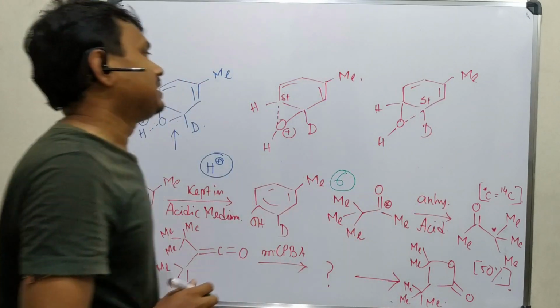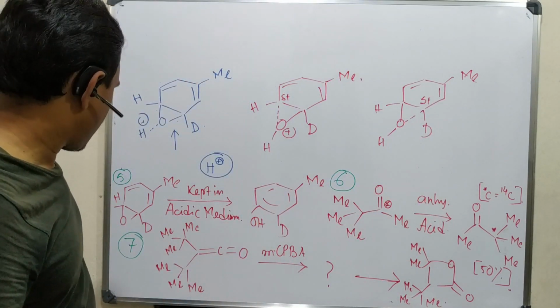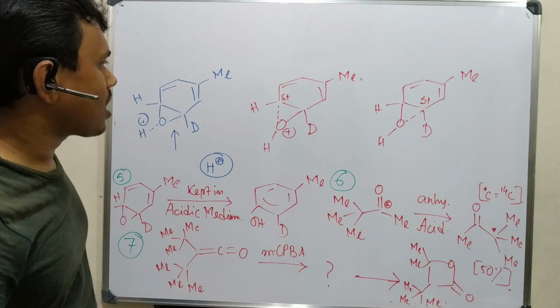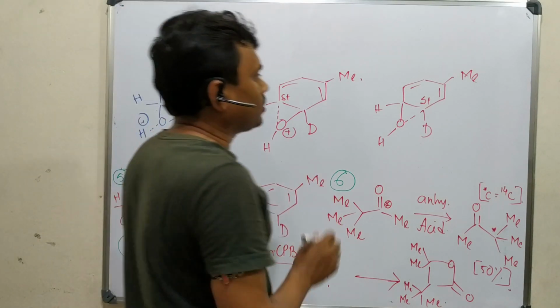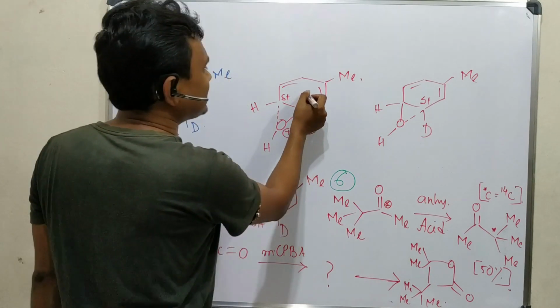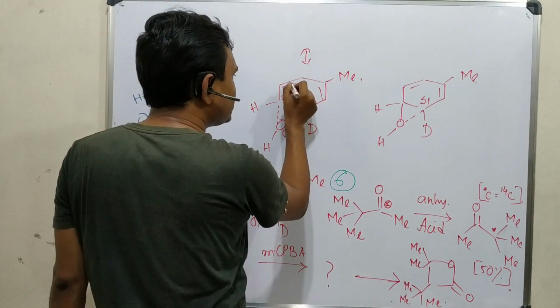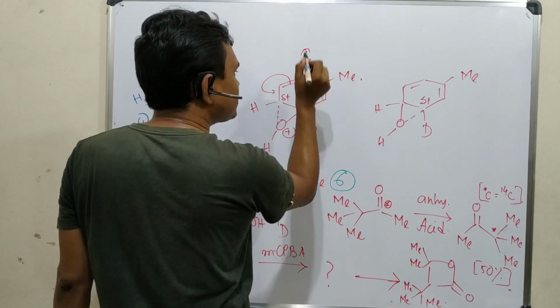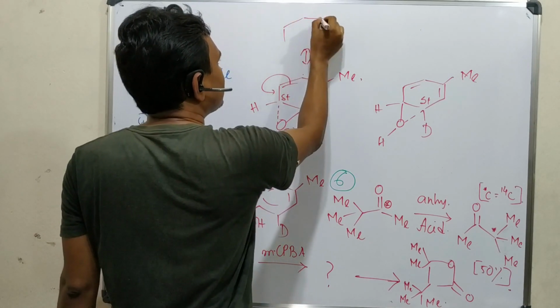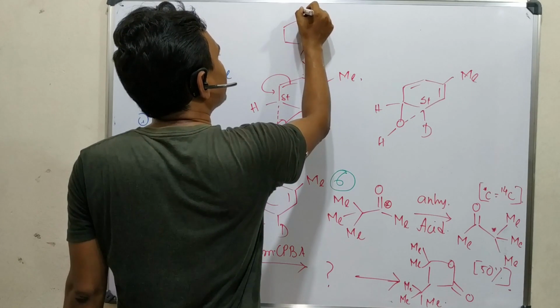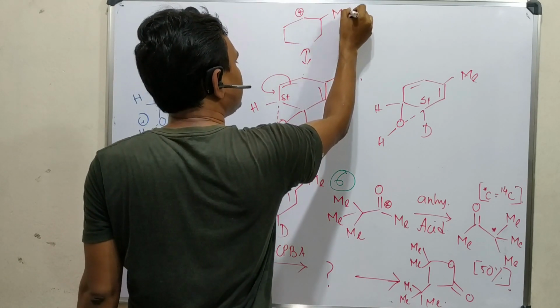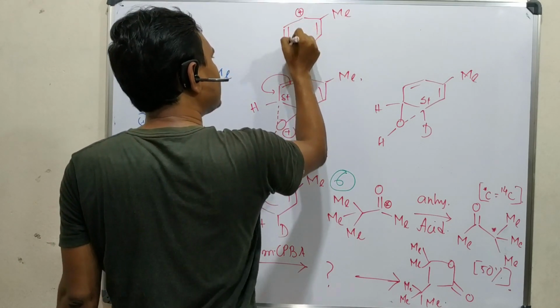Okay, fine. Now you can see if you do the resonance of this structure, what can happen? This bond will come here, so the positive charge will go here. The positive charge is here, this is the methyl, with a double bond.